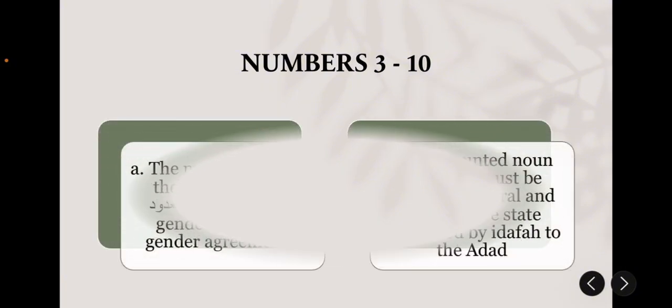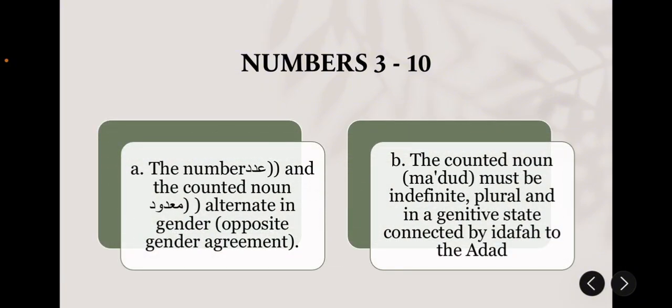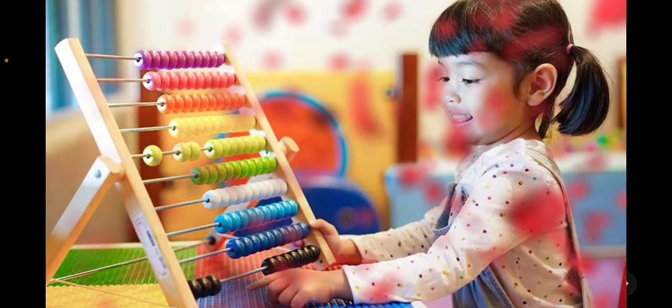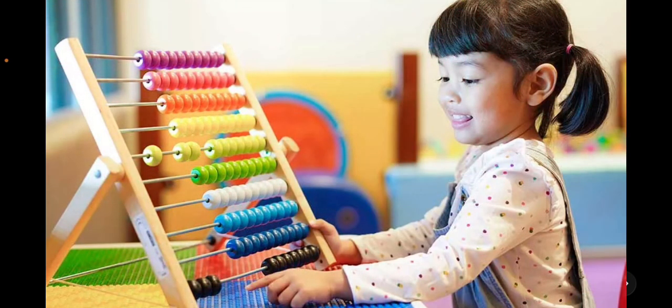Now we look at counting from 3 to 10. The following rules are necessary to be understood. Number 1, your adad, which is the number, must always be in alternate gender to the ma'dud. Your adad must always be opposite in gender to the ma'dud. For example, if your ma'dud, which is the noun you are counting, is masculine, then your number will be feminine.